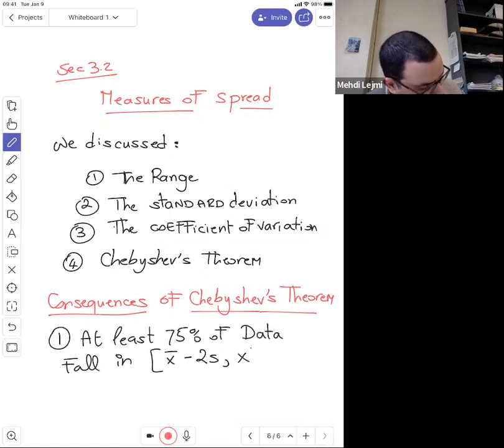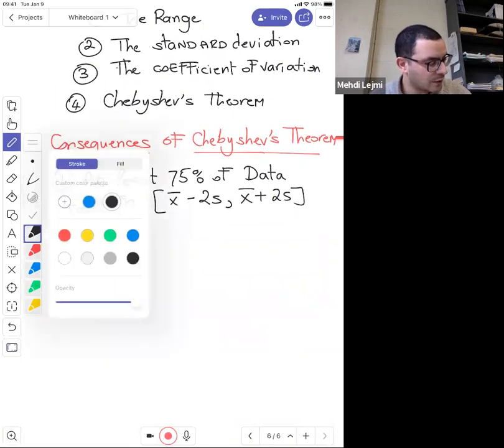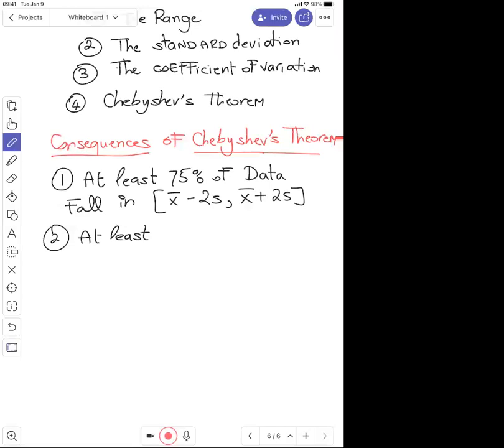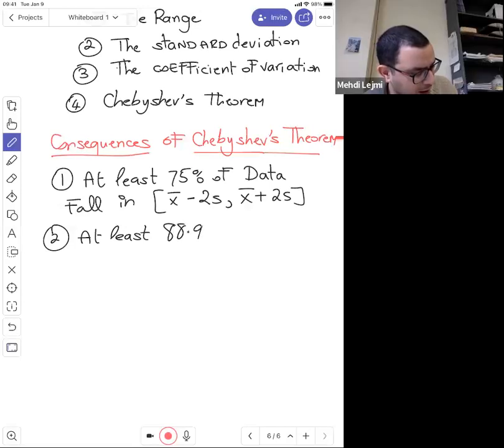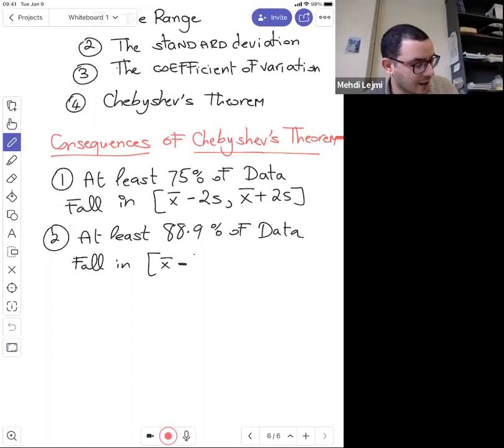If you want to do better than 75%, the next percentage is 88.9%. You can say that at least 88.9% of your data fall in the interval x bar minus 3s to x bar plus 3s.